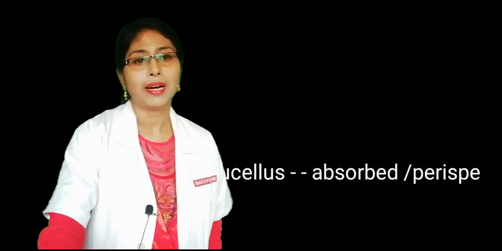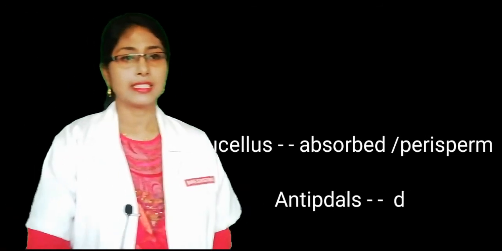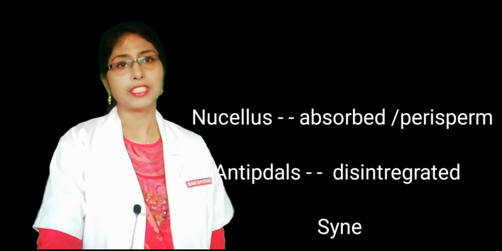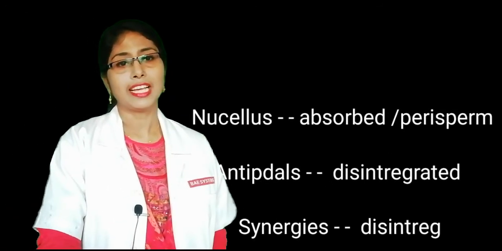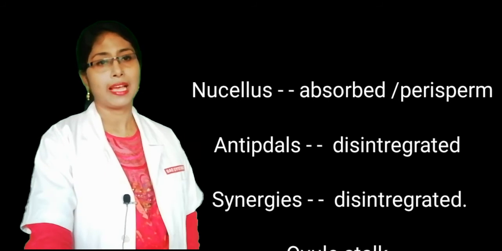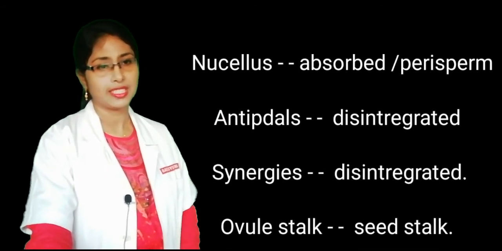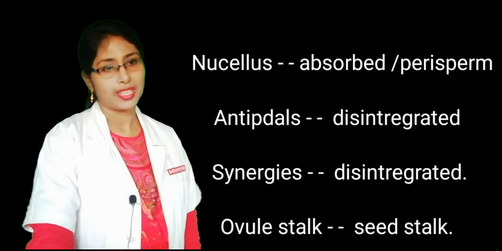In most angiosperms, the nucellus tissue of the seed is absorbed by the embryo, but in some cases this tissue remains as perisperm outside the endosperm. In most plants, the antipodals and synergids disintegrate.